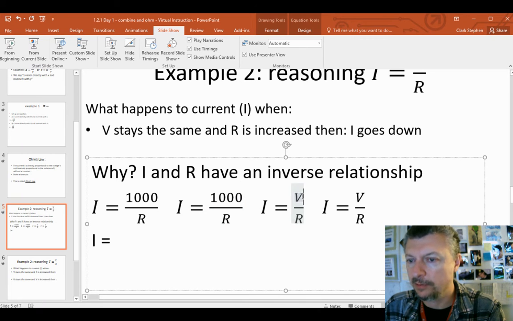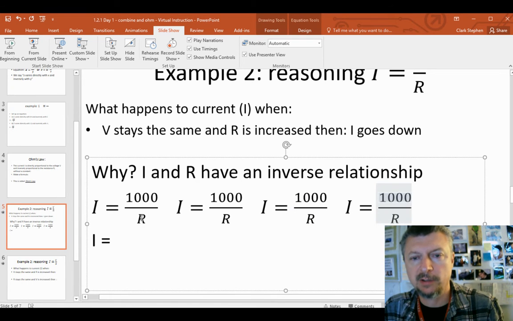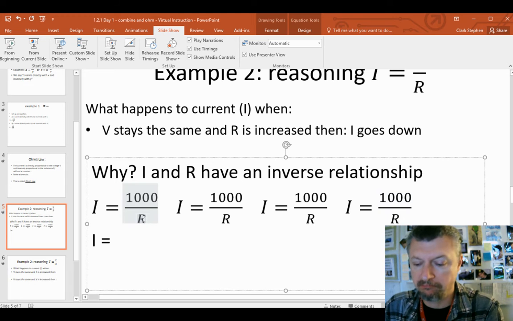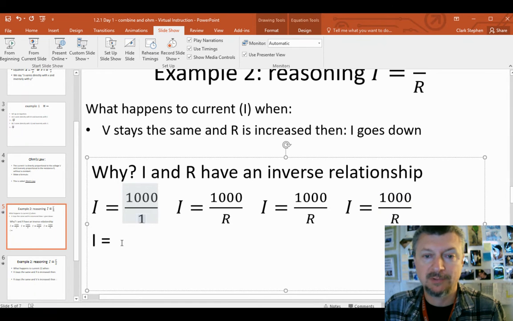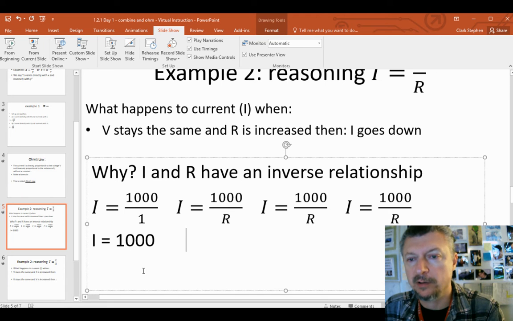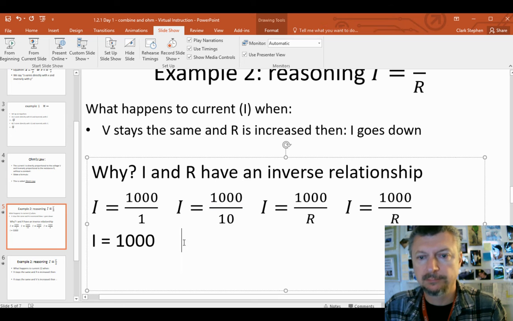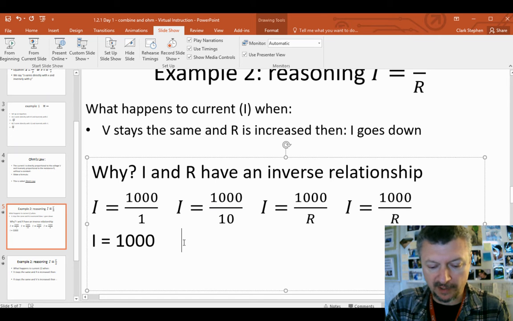All right, so we're going to do a couple examples here. Okay, let's say the R is 1. So what's 1,000 divided by 1? It should be 1,000. Right? So the I would be 1,000. Now let's say the R is 10. So 1,000 divided by 10, 100.